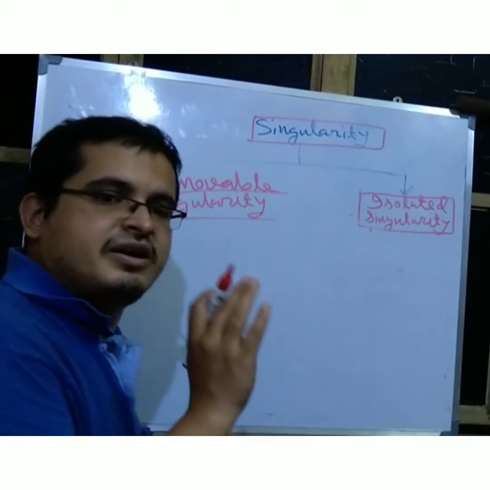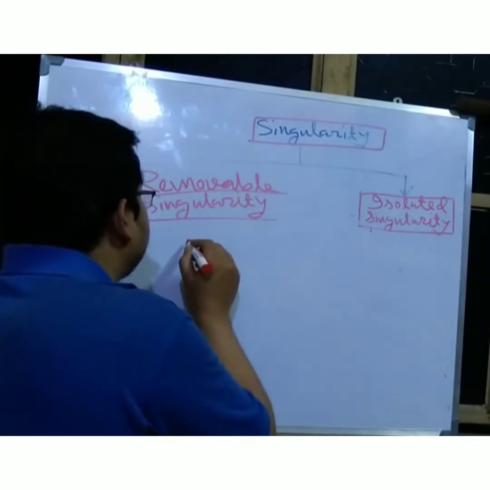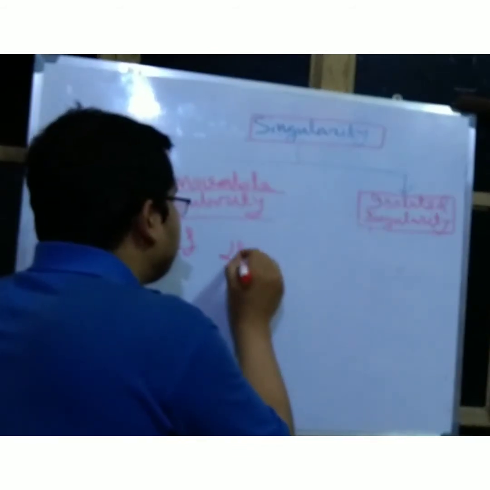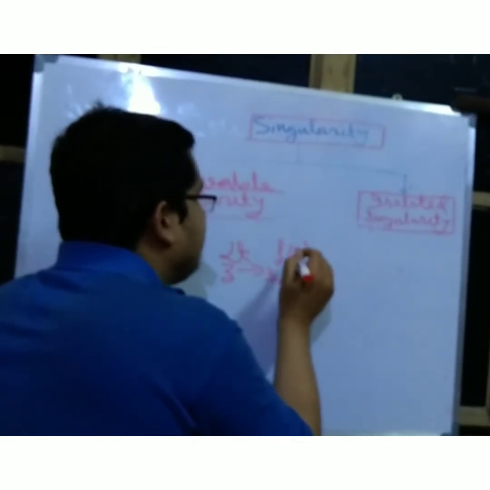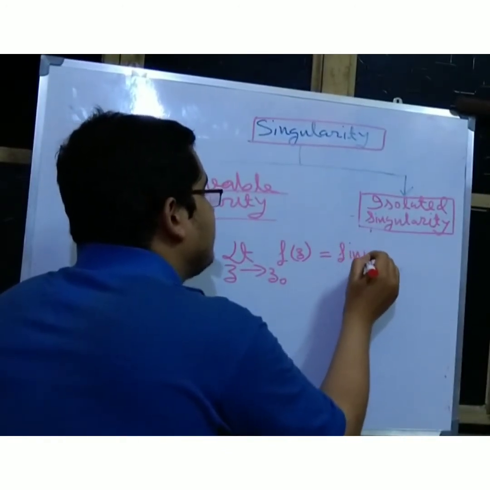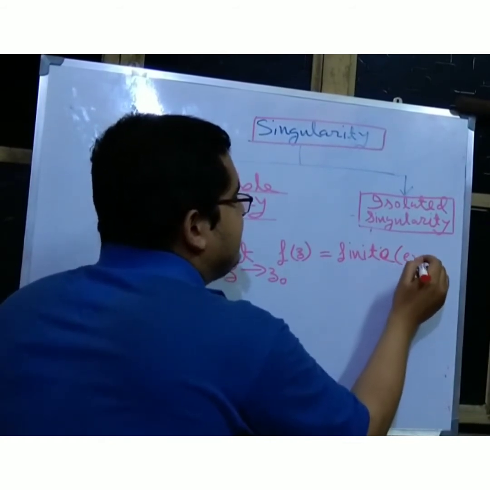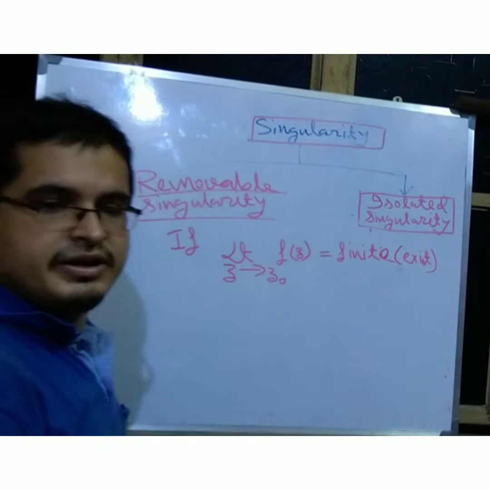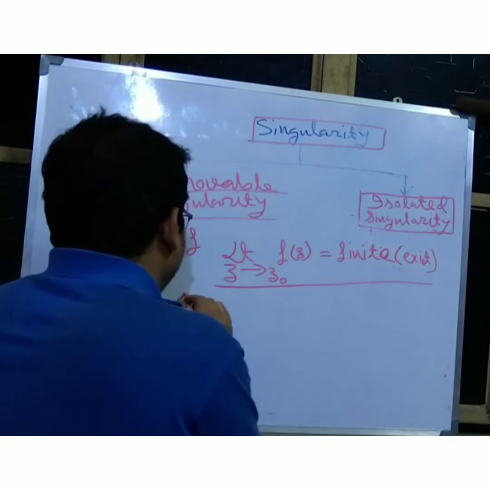So in the case of removable: if limit as z tends to z0 of f(z) is finite, that means the limit exists, then it is removable.